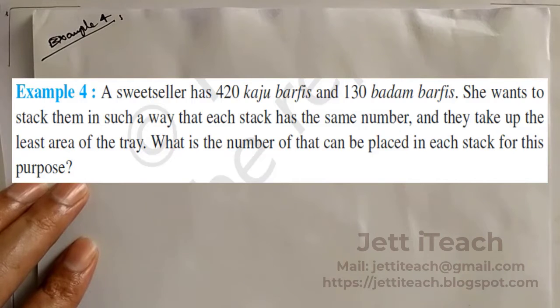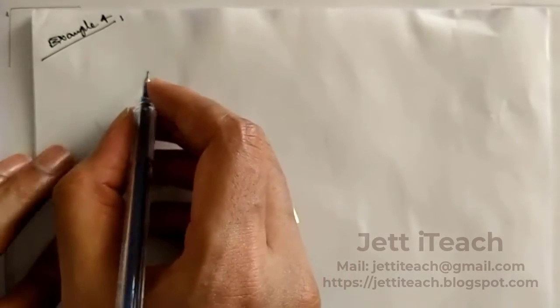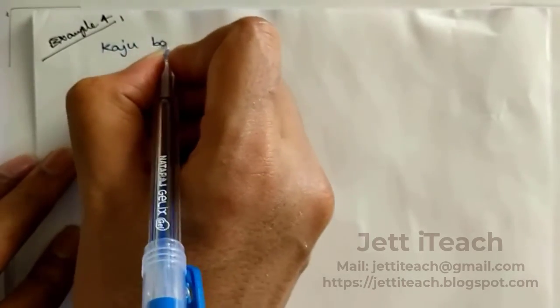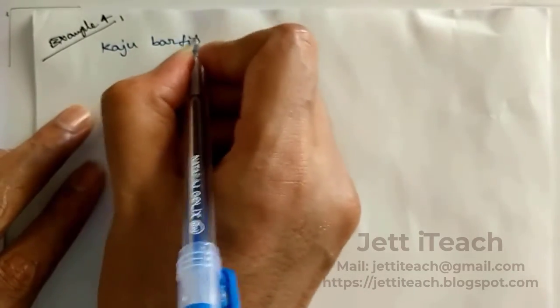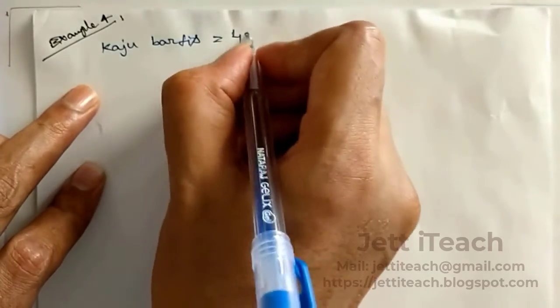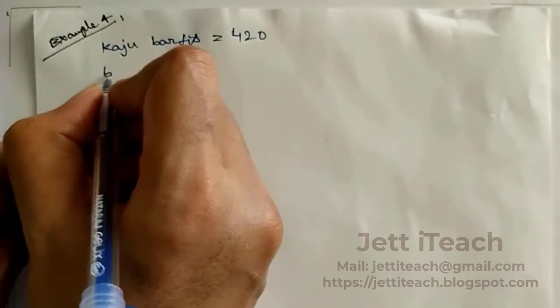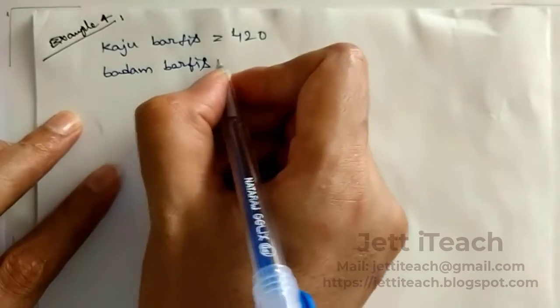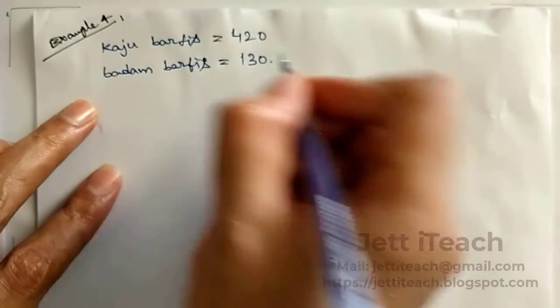Okay, the sweet seller has two types of burfis. She wants to arrange them in a tray in such a way that it will take the least area. First we will write what is given in the question. Kaju burfis 420, Badam burfis 130.